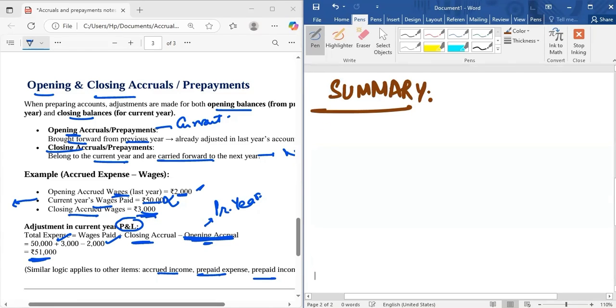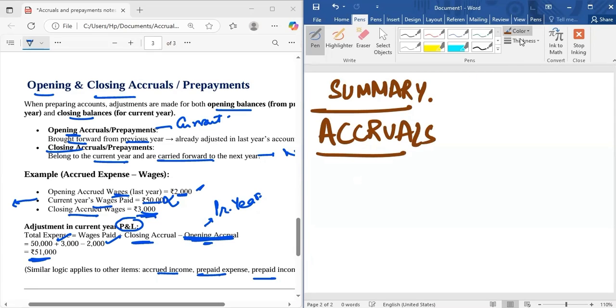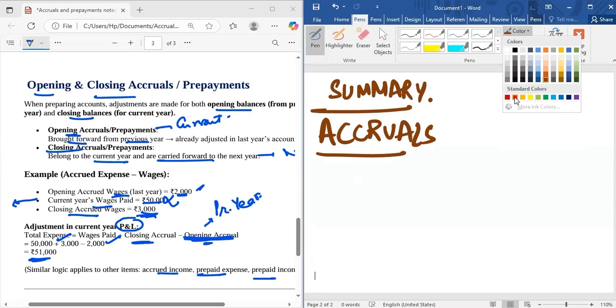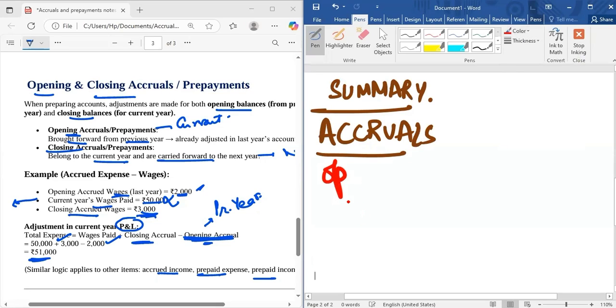So the summary is, in case of accruals, what will you do in case of opening and closing? Opening would be deducted because they relate to the previous year, and closing are added.